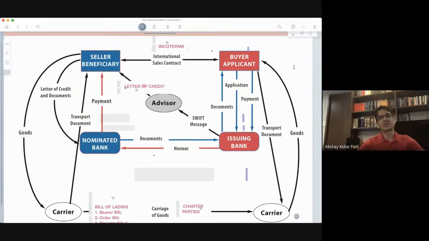Now, first of all, the buyer and the seller will enter into a sales contract, a normal contract that people enter into on a day-to-day basis. But in this case, because it's an international sales contract, and because the goods are going to be transferred from country A to country B, there are certain nuances involved.